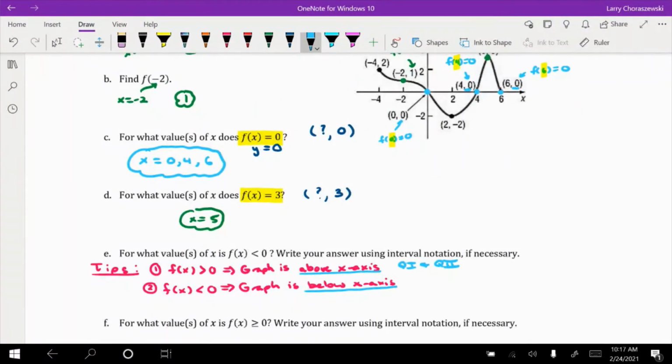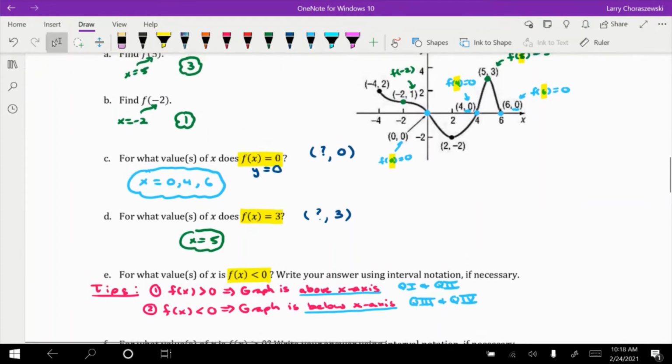So specifically, we'd want to look for any parts of the graph that are in quadrants 3 and 4. Now our problem is f of x is less than 0. Is there any part of this graph that is underneath the x-axis? If so, which quadrant would that be in?